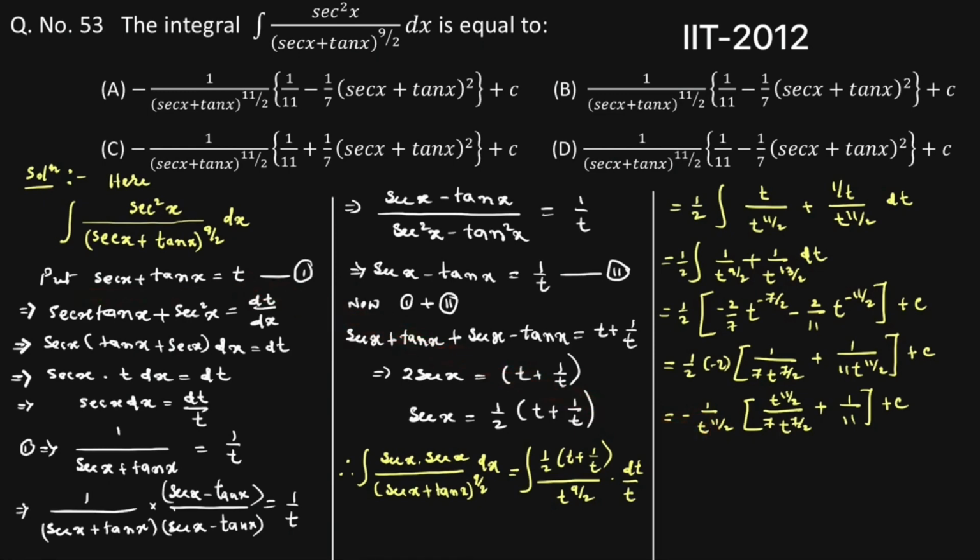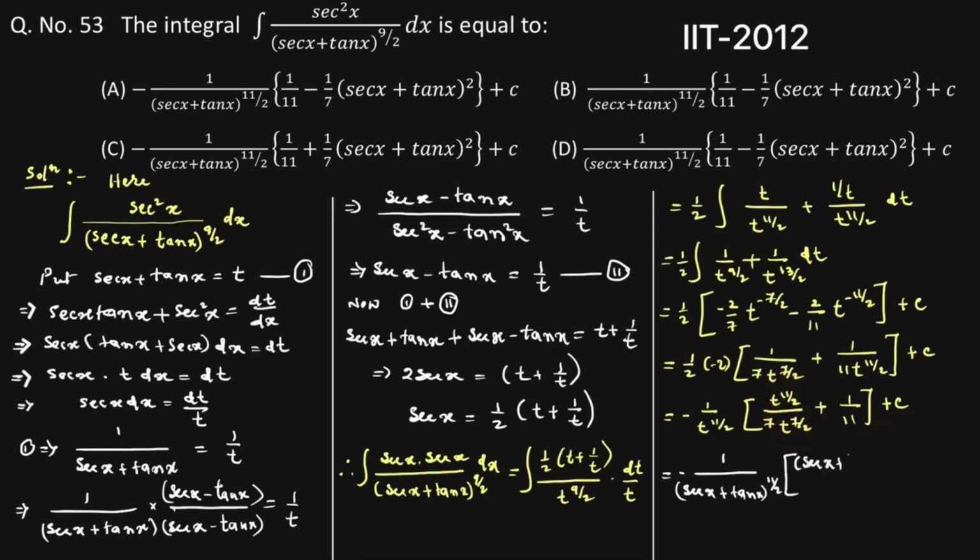Therefore this we are able to write as minus 1 divided by sec x plus tan x to power 11 by 2, and we know that this equals t square.